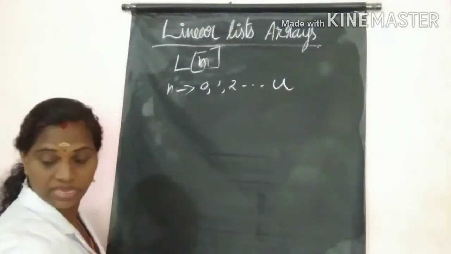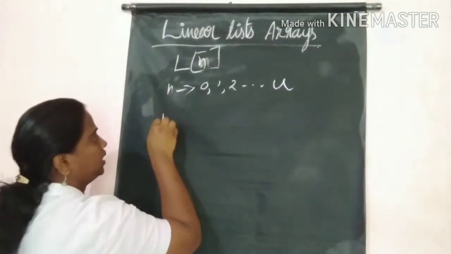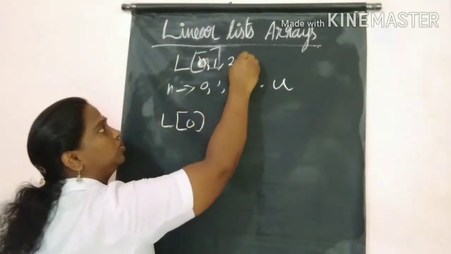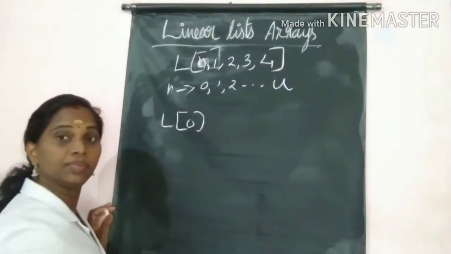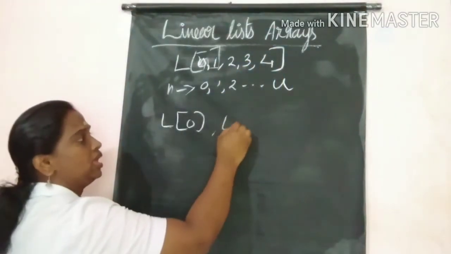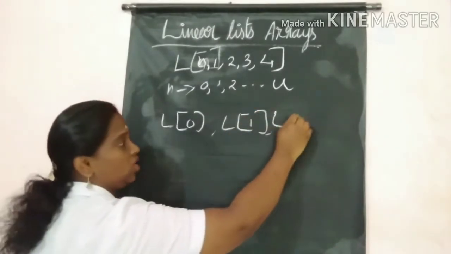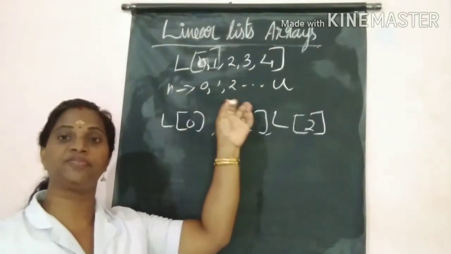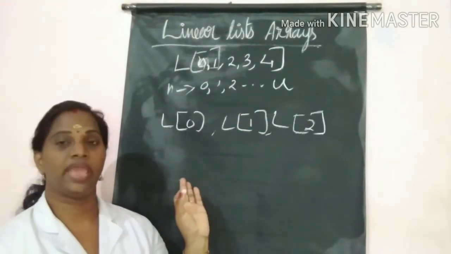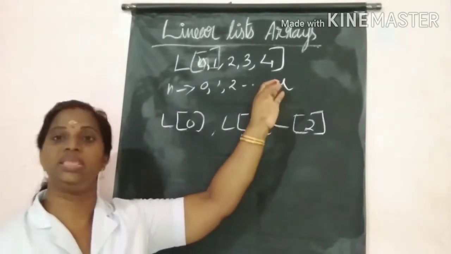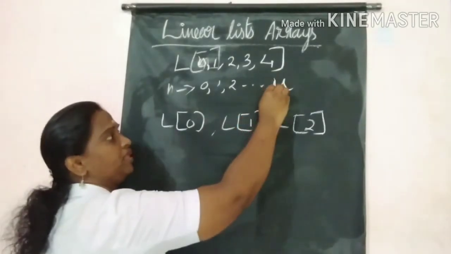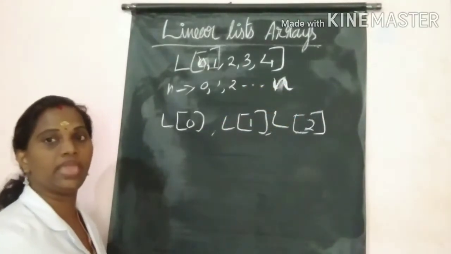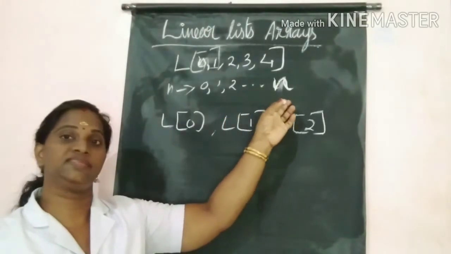Then we can read these elements by writing L0. See here, the elements 0, 1, 2, 3, 4. Then L0, L1, L2. This is the way to read elements from this list, and you can store elements up to n. n is the size of the list.